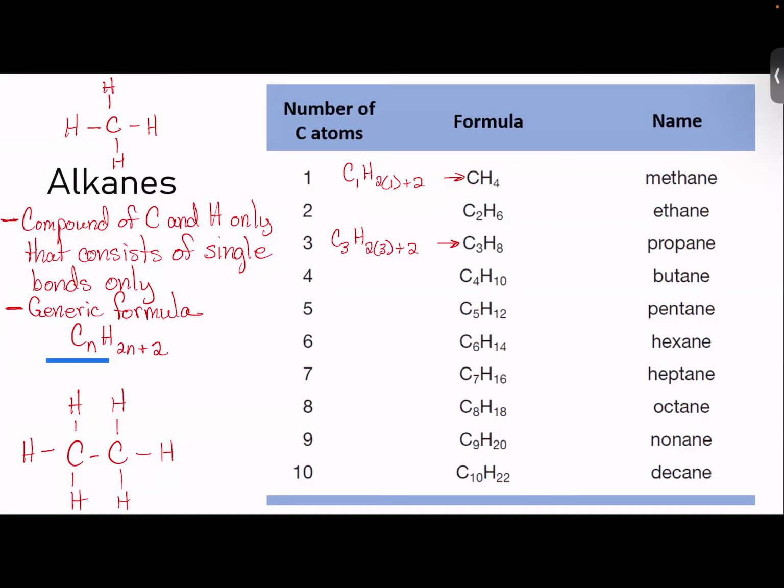But I'm only going to have you memorize these 10. And the reason I'm making you memorize those 10 is because it's not uncommon for us to talk about combustion reactions of alkanes. And so I want you to know what the alkanes are. Any questions so far?